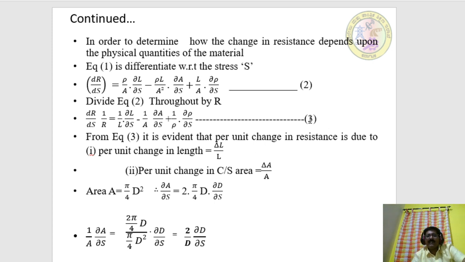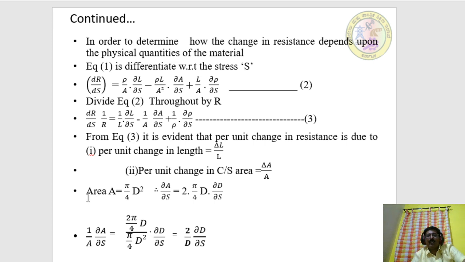It is evident from equation 3 that the per unit change in resistance is due to different factors, that is, the unit change in length as well as the unit change in cross sectional area. First, the per unit change in length is delta L by L, and the unit change in cross sectional area is delta A by A.